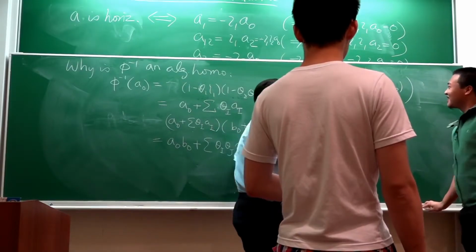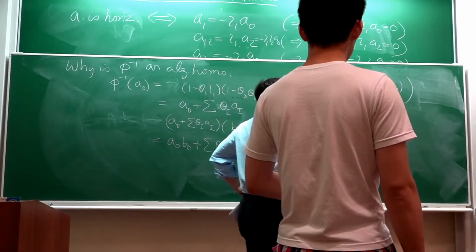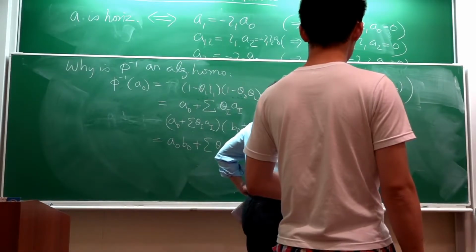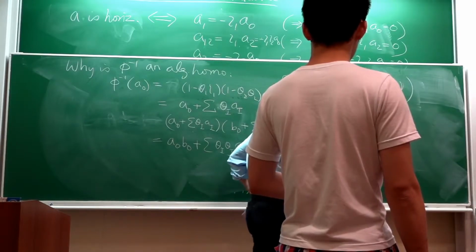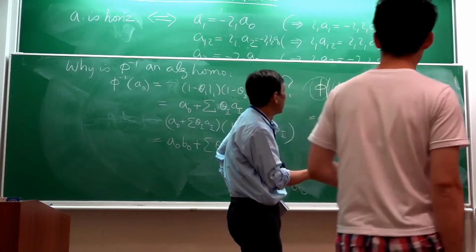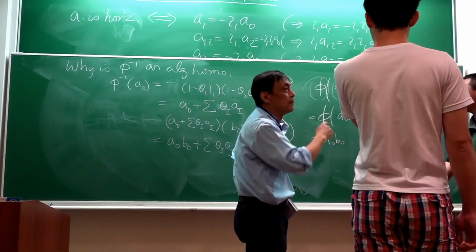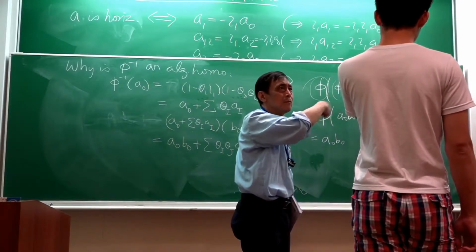So you just get this. So that proves that phi is an algebra homomorphism. But it's a bijection.